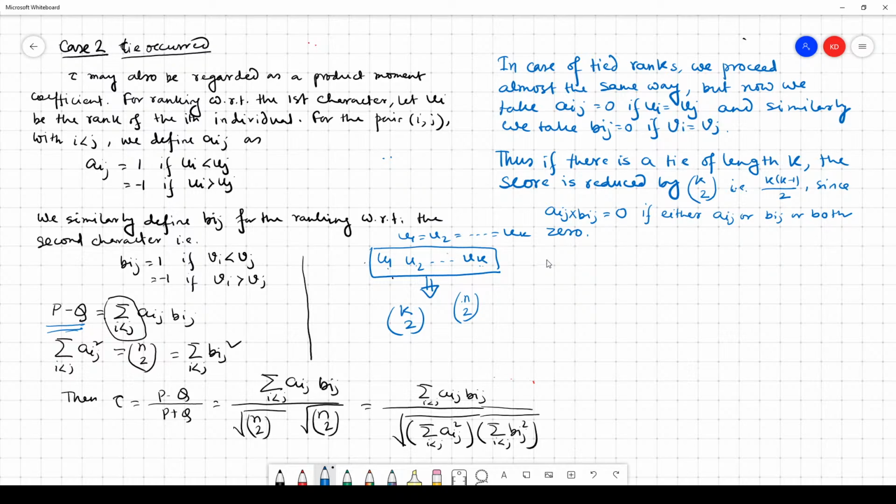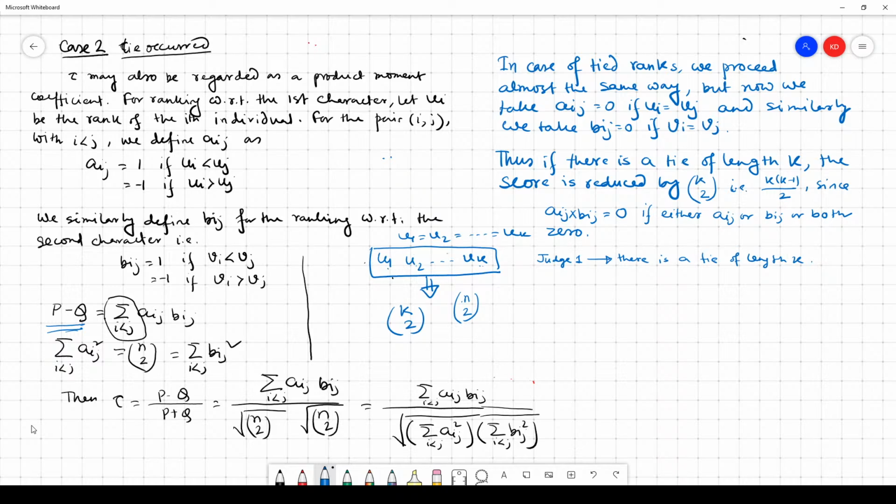Suppose I consider judge 1. In judge 1, there is a tie of length k. According to the formula, I already told the procedure how to compute p and q and the total score p minus q.